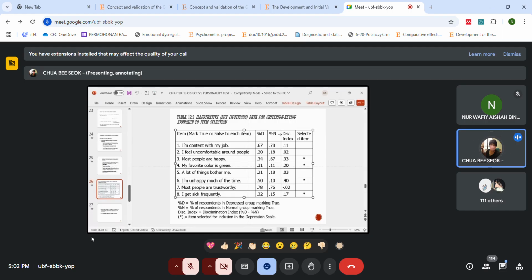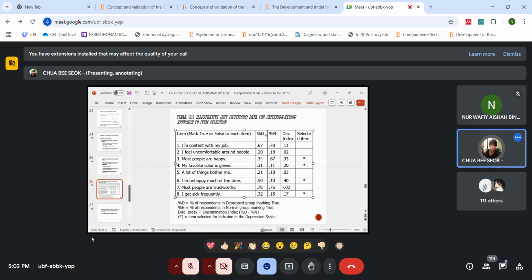If the difference between the normal group and the abnormal group is only very small, it means the item cannot differentiate the two groups, and also that the item cannot measure. Take item 3, with a star here: most people are happy. For the depression group, only 34% agreed, but for the normal group, 67% agreed that most people are happy.